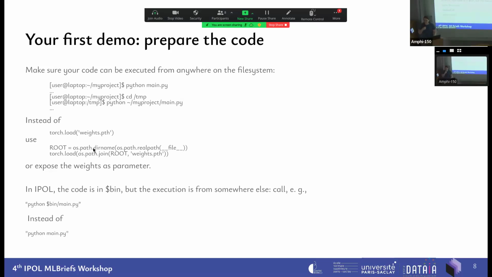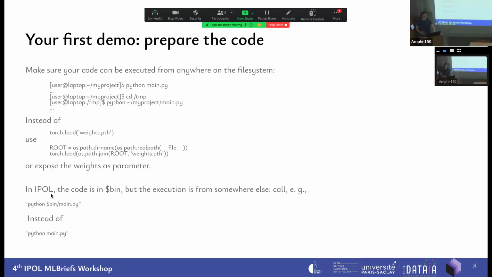So you need to make them relative to the Python file, so you can use these lines. That way, in your system as well as on IPOL, you can run the code even if you are not directly in the directory of the code. So this is an important step if you want your code to run, especially if you have multiple code files or if you want to load weights, for instance, from a model.